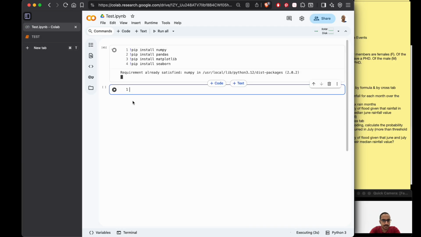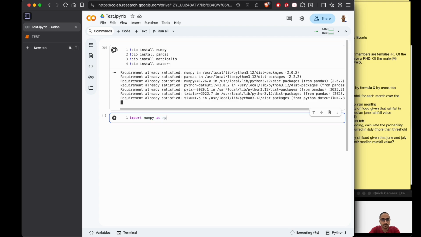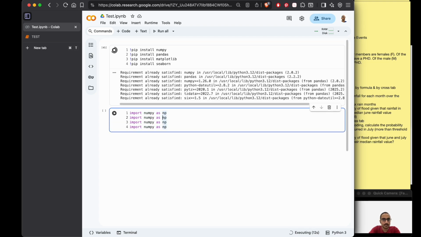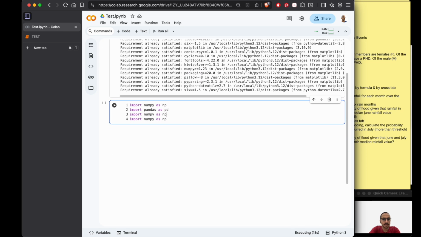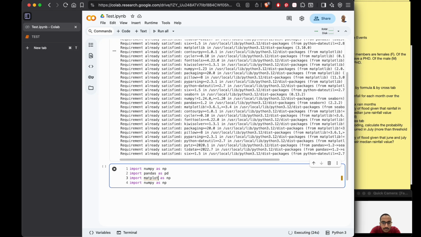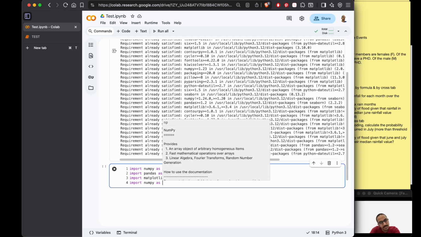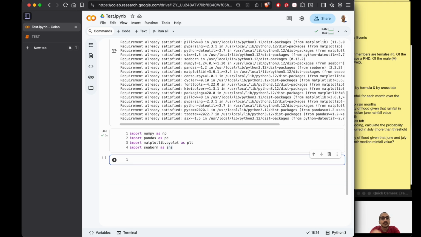I think I already have all of them, so import numpy as np, import pandas as pd, then import matplotlib.pyplot. We'll only be using the pyplot. I don't think matplotlib is necessary here, but anyway, since I'll be using Seaborn, those are my imports.